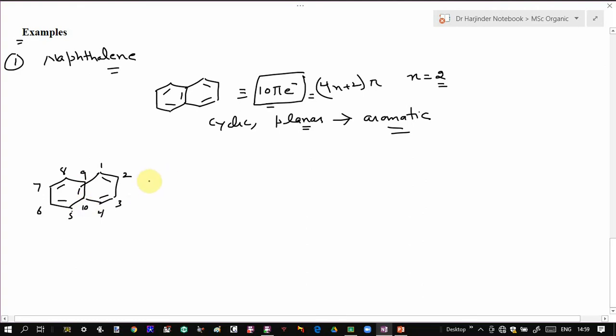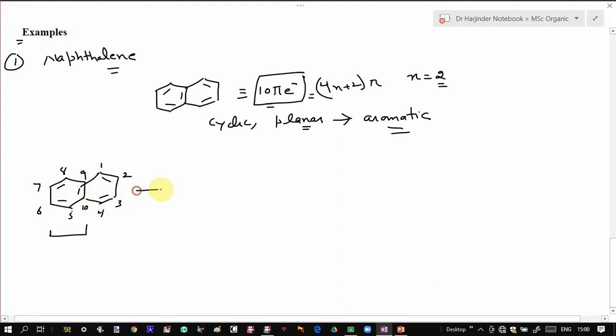Now, in polycyclic systems that consist of more than one benzene ring, you can see this ring can be considered as a benzene ring as 3 double bonds are inside this cyclic ring. While this other ring has 2 double bonds in conjugation, so this can be considered as just a butadiene portion. You can see this butadiene portion is attached to this benzene ring.